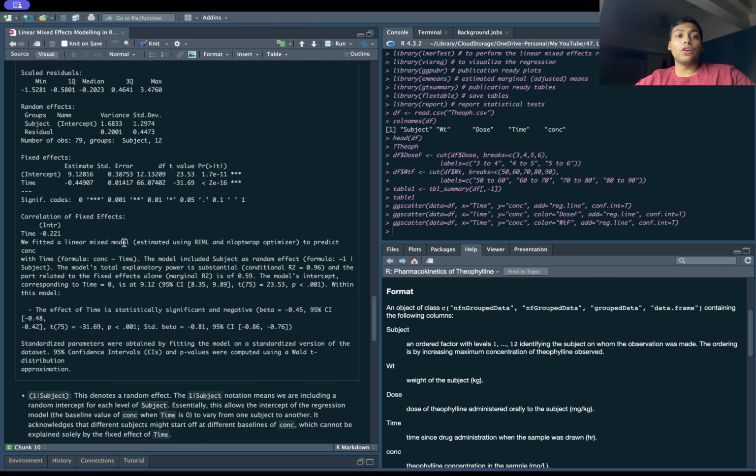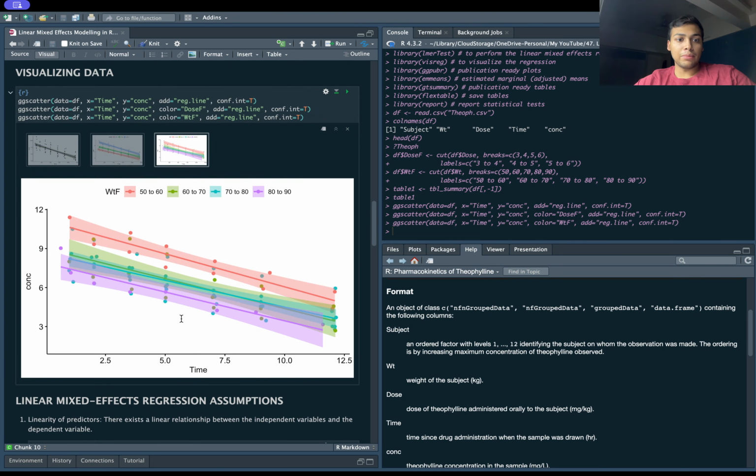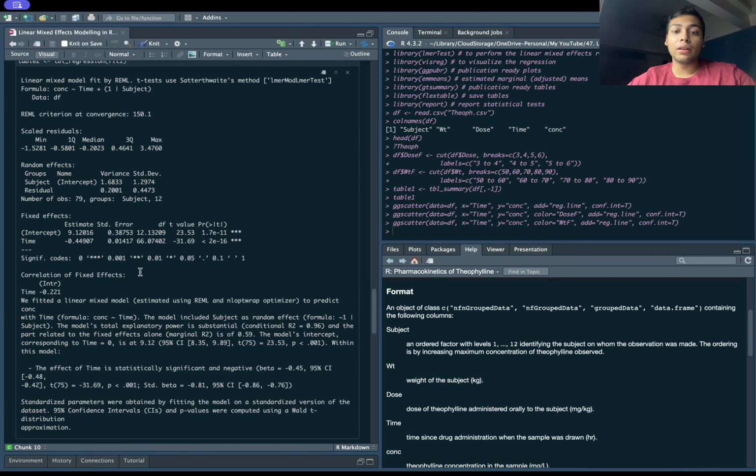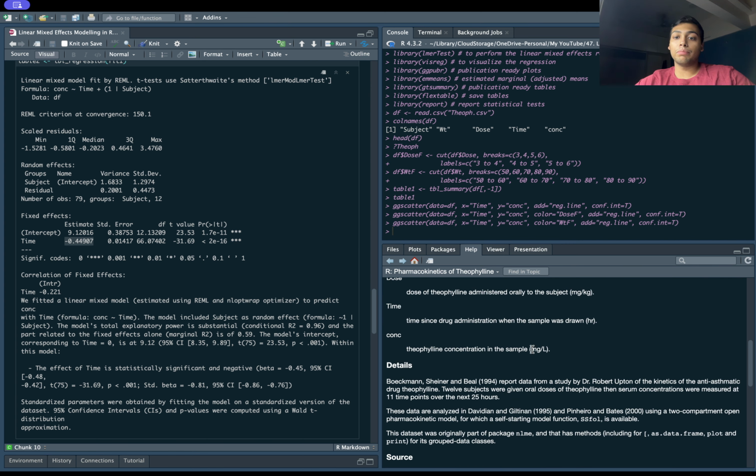So for each second increase in time, because time is in seconds or minutes, so for each minute increase in time, pardon me, I was wrong twice, it's hour. So for each hour increase in time, the concentration of theophylline decreases by 0.45 milligrams per liter.